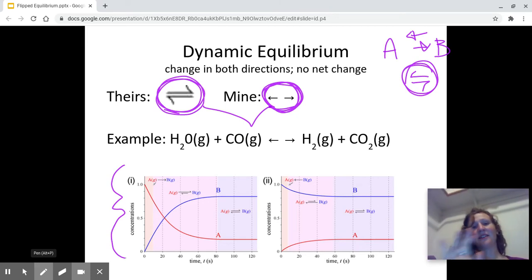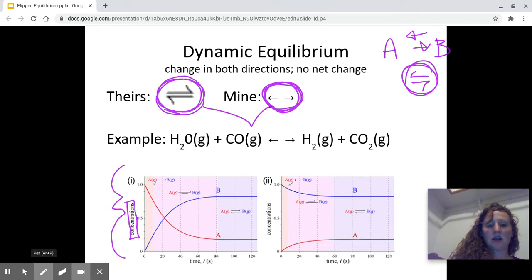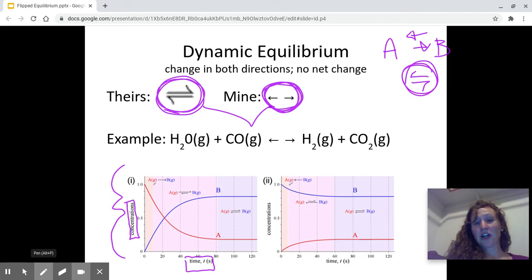Like everything else in science, it comes down to relationships, and here we have a relationship of concentration versus time. This should look very familiar, right? This would be an integrated rate law.